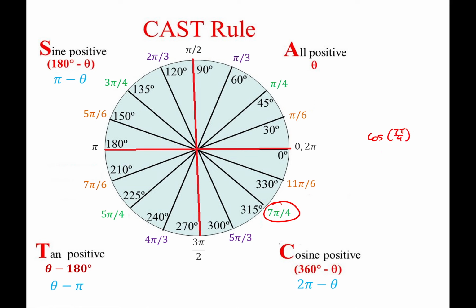I figure out the quadrant, and that will give me either a plus or a minus of cos of pi over 4.